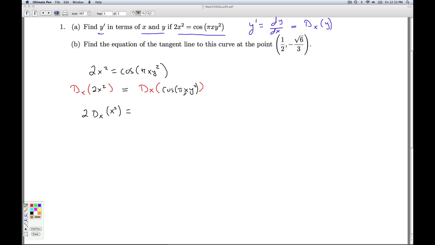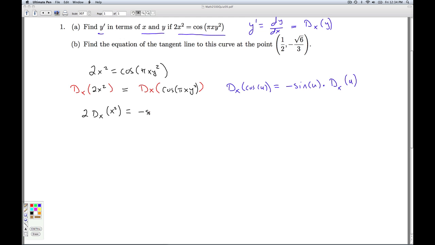On the left-hand side, I'm taking the derivative of this expression. If I knew an x and a y, the very last thing I would do would be to take the cosine of that. So I need to find the rule for the derivative of cosine. And since what's inside the cosine is different than the variable of differentiation, I'm going to use the chain rule. The chain rule says, if I want to take the derivative of the cosine of something, it's negative sine of that thing times the derivative of that thing with respect to x.